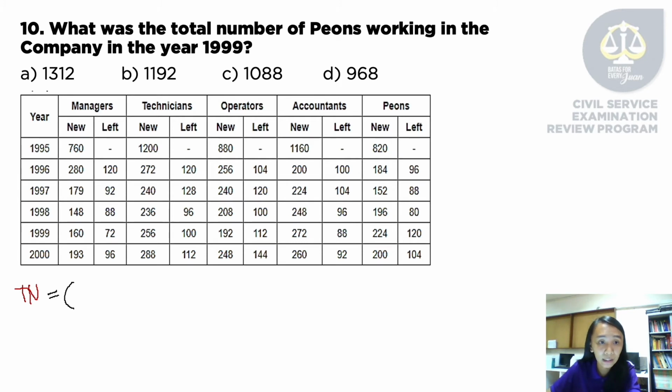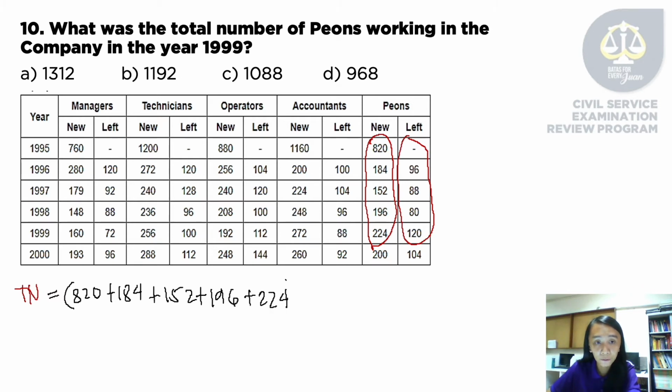So that is 820 plus 184 plus 152 plus 196 plus 224.